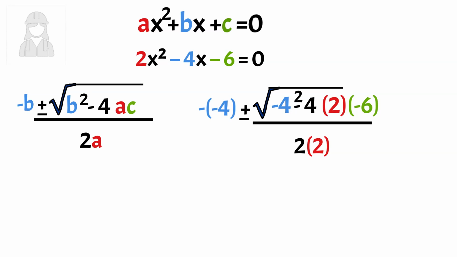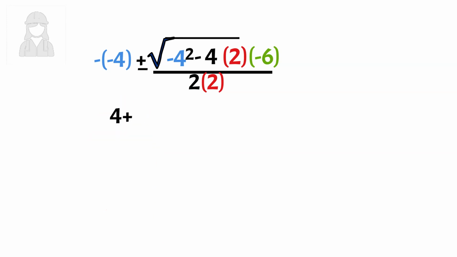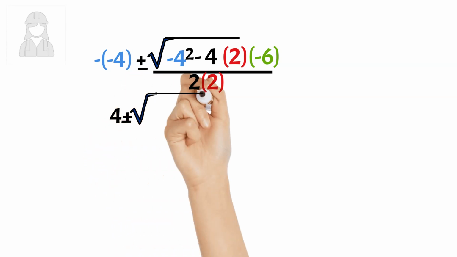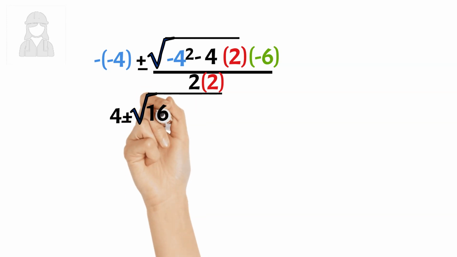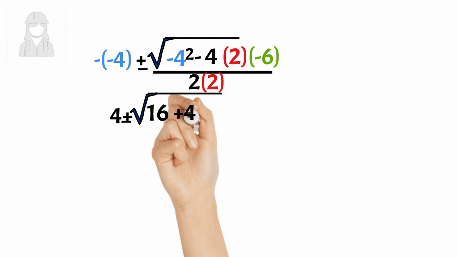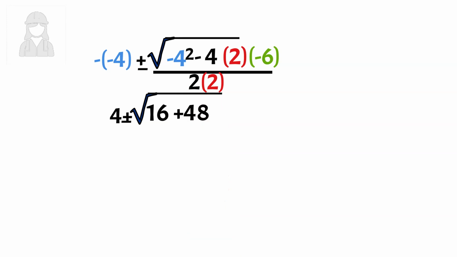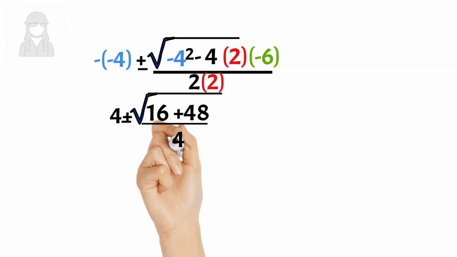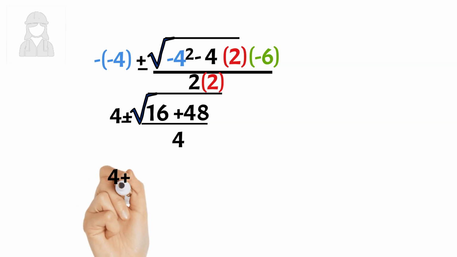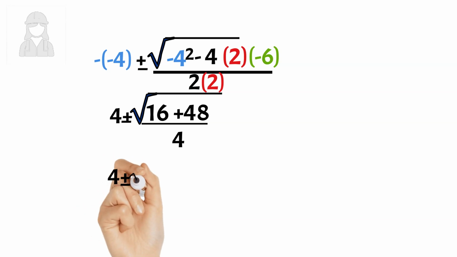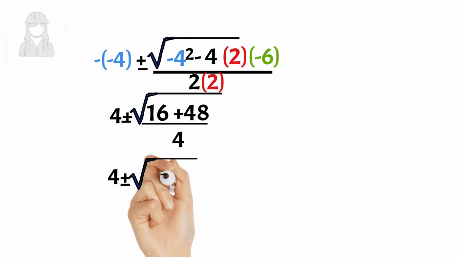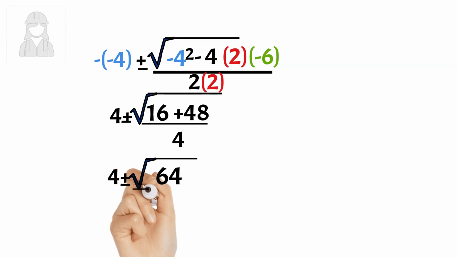So 4 plus or minus the square root of -4 squared, which is 16, plus -4 times 2 times -6, which all comes down to 48, divided by 2 times 2, which is 4. We now have 4 plus or minus the square root of 16 plus 48, which is 64, divided by 4.